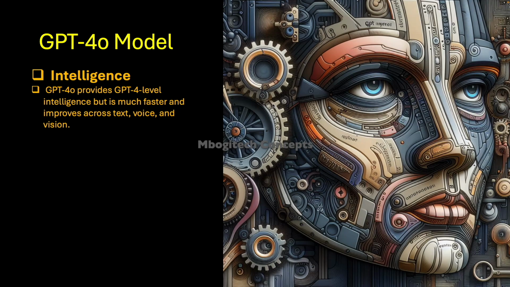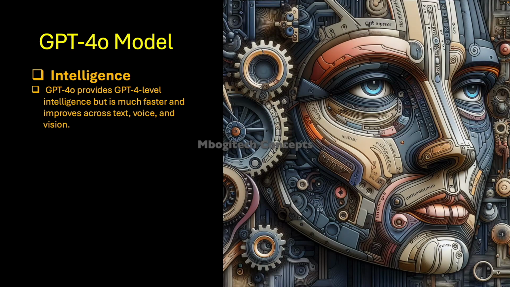Great, let's go. First of all, the model has greater intelligence now. GPT-4o provides GPT-4 level intelligence, but it is much faster and improved across text, voice, and vision, like I've said before. Free users are using ChatGPT, which uses GPT 3.5, and so we don't even have experience with GPT-4. We don't have the capabilities, the level of intelligence that is there.